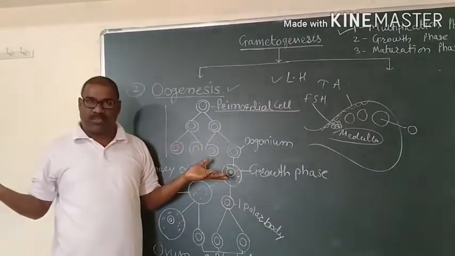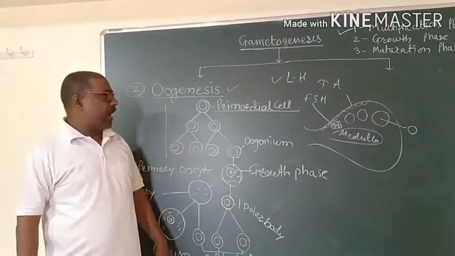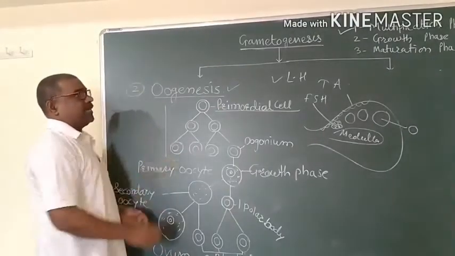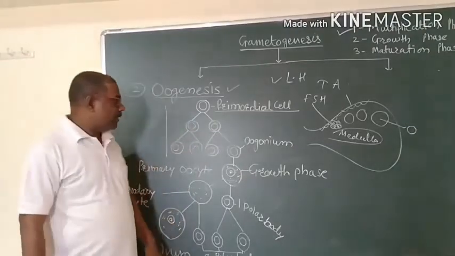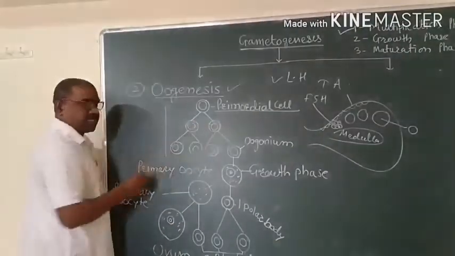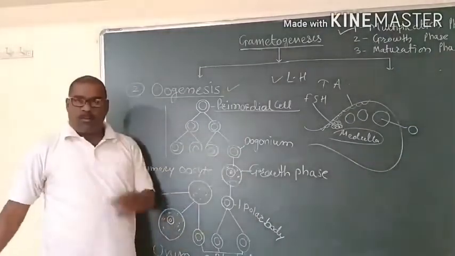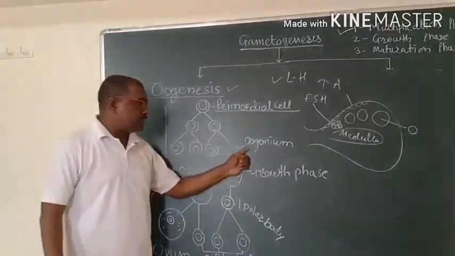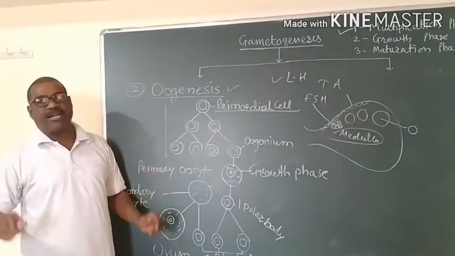You know very well about mitosis. Mitosis is the duplication stage. Hence, it is called the first multiplication phase. These two daughter cells again divide into four daughter cells called oogonia, also with the help of cell division, mitosis.